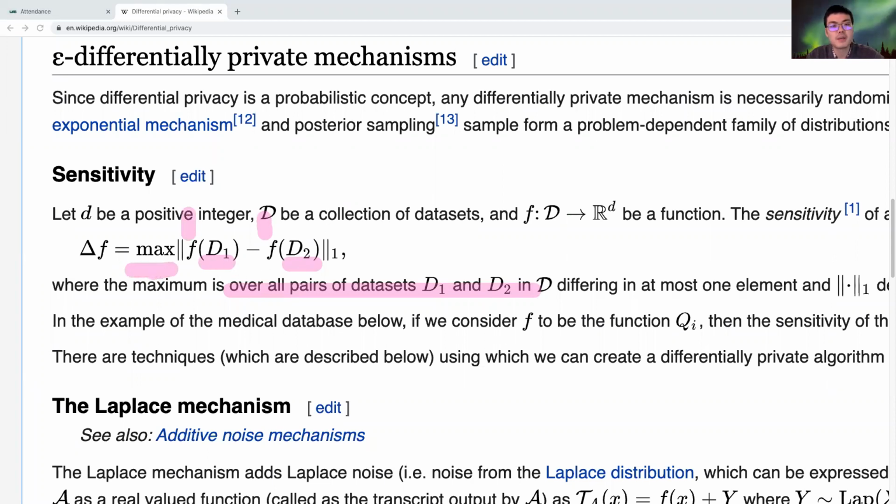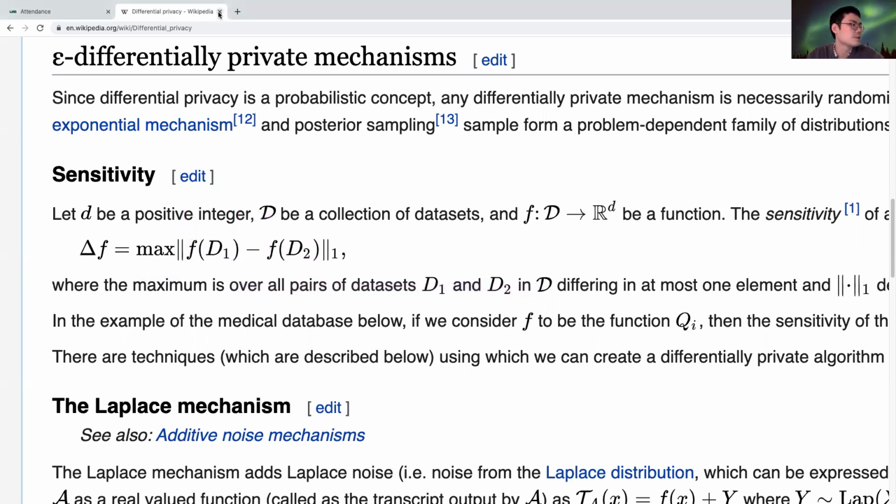And for count, why is count a popular statistic we want to report? Because for count, it's always one. If your size differs by one, and f is the size, then this is always one, no matter what D1, D2 are. But for some other statistics, it may be different. For example, max is a lot more complicated.